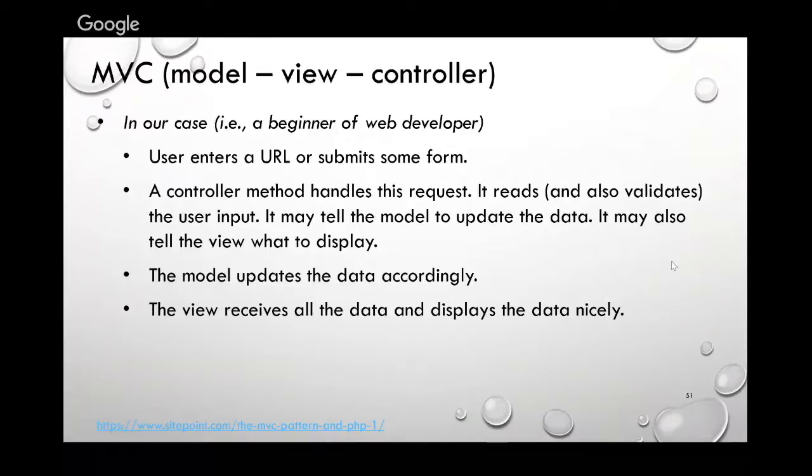So it will control the workflow. And then let's say the input for the new post, the title and body, is valid. So it will tell the model, please instantiate a new post object. And when I finish the instantiation of the new post object, I will store this post object in the database.